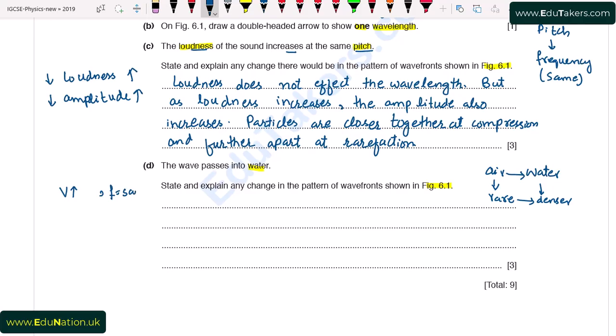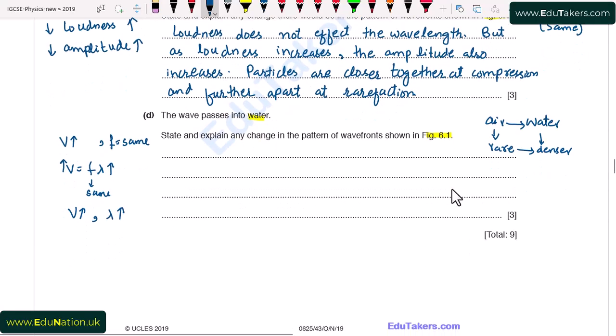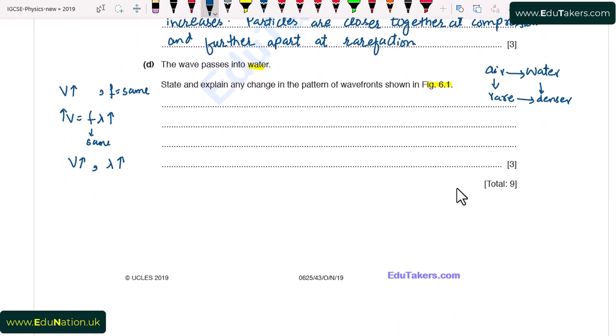Frequency does not change. So according to the relation v = f λ, if frequency is the same and speed of sound increases, then lambda also increases. I write here: when speed of sound increases, wavelength also increases, but the frequency remains the same. Speed is greater in water than air.